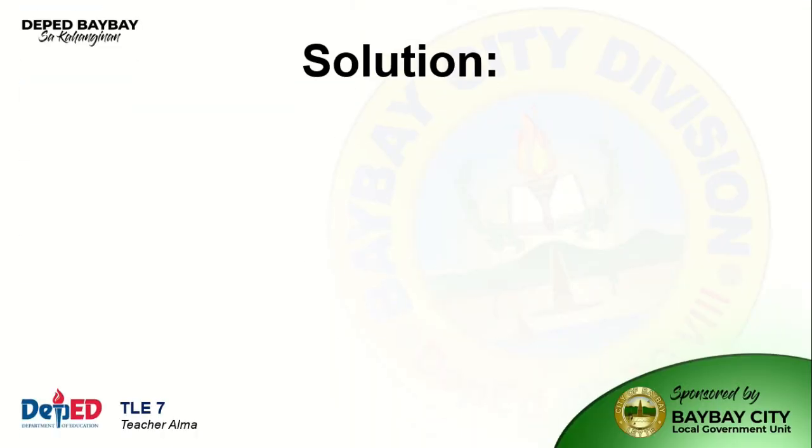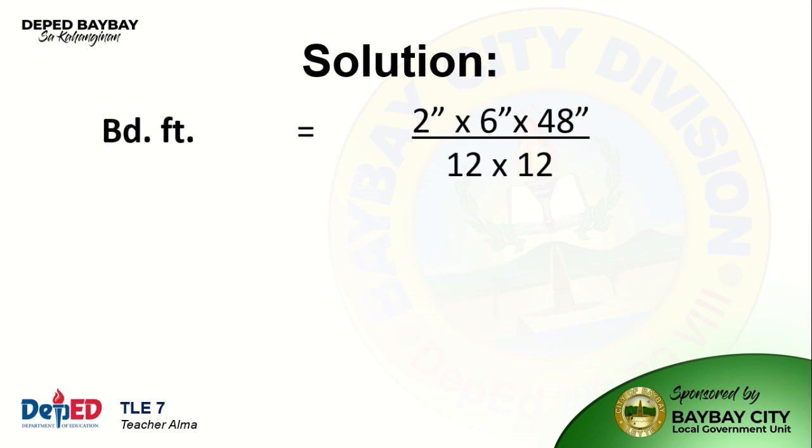Our solution for problem number 1: board feet is equal to 2 inches thick times 6 inches wide times 48 inches long divided by 12 times 12. So 2 times 6 equals 12. Then copy the length, which is 48 inches. Then 12 times 12 equals 144.